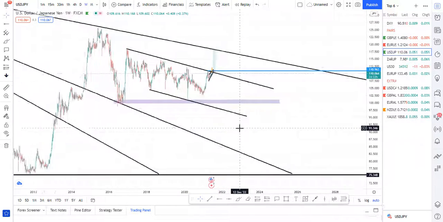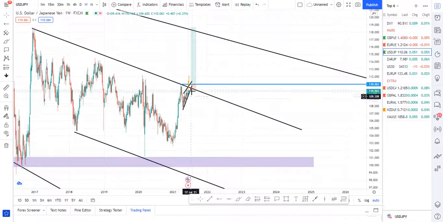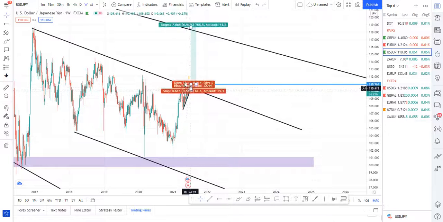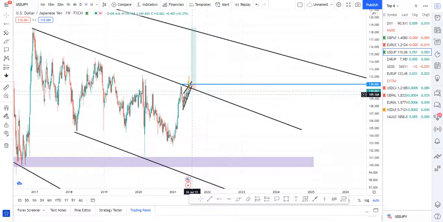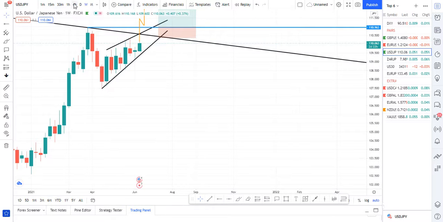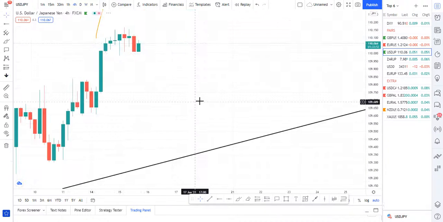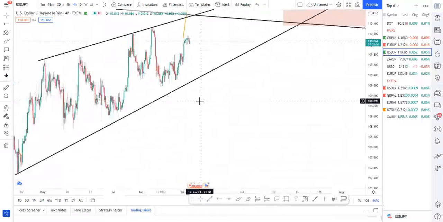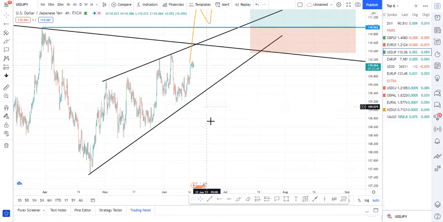So what we're hoping is basically this must break through the market structure here and break through there. And if it doesn't break through there, we're basically going to be peacefully waiting for the structure to probably come here.